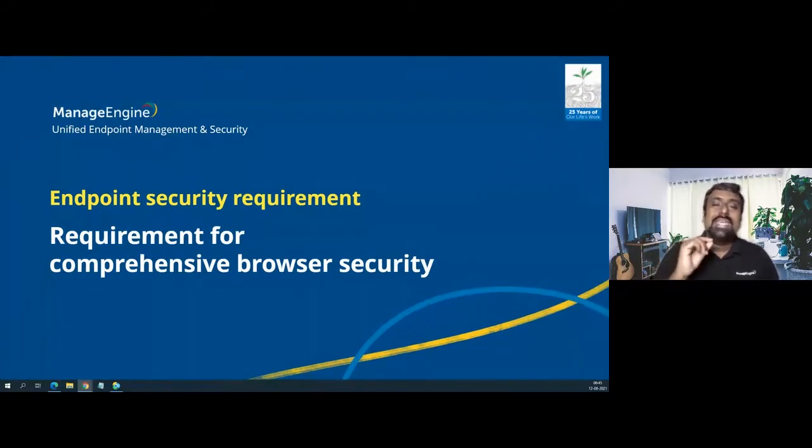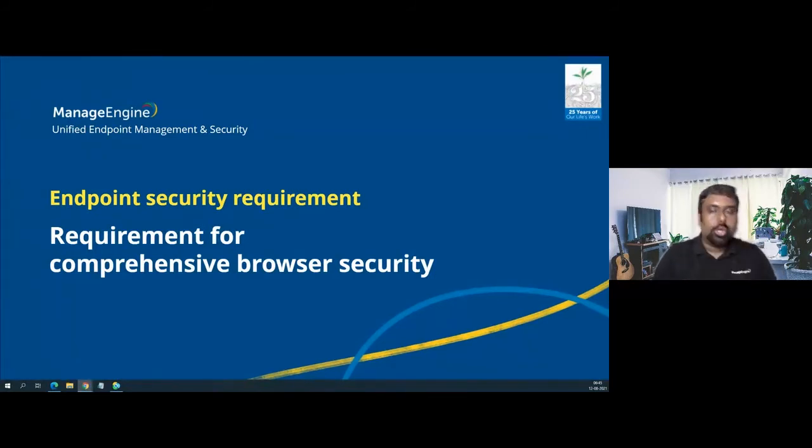So CIS says disable it. When Chrome is closed, everything that got executed along with Chrome should also get closed. No process should run apart from the specific session. Simple things like these benchmarks, you can achieve through our browser security.